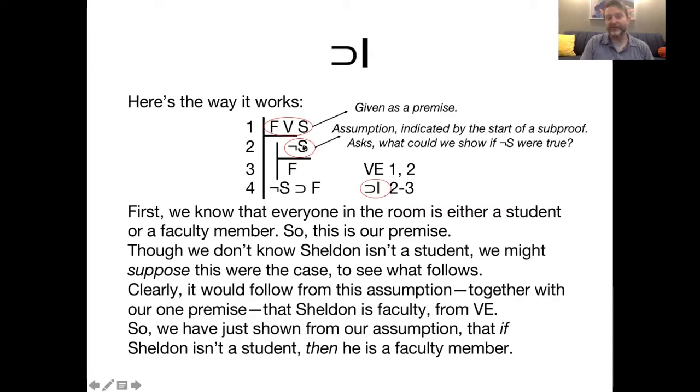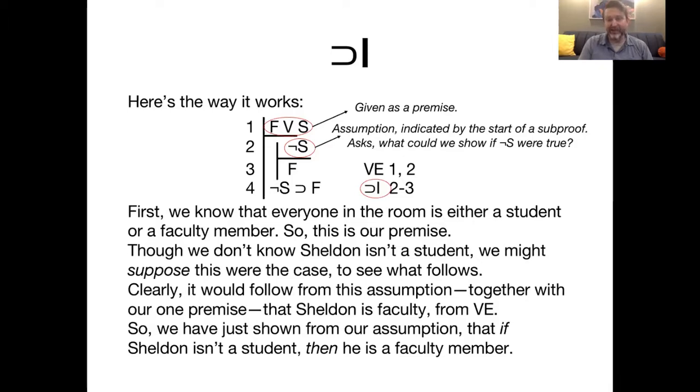So notice we didn't pull it's not the case that S out of this subproof and state it at the main level of proof where the things that we know to be true are stated, nor do we pull out F that Sheldon is a faculty member from inside of that subproof. But what we did was we used some reasoning to say, okay, suppose this thing is the case, then this other thing would follow.